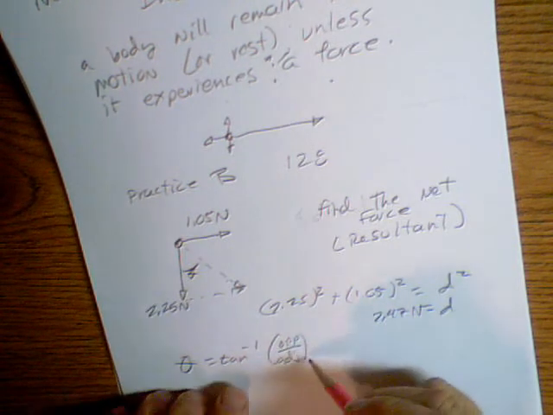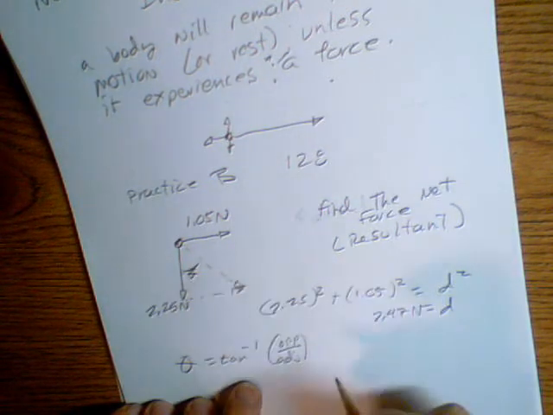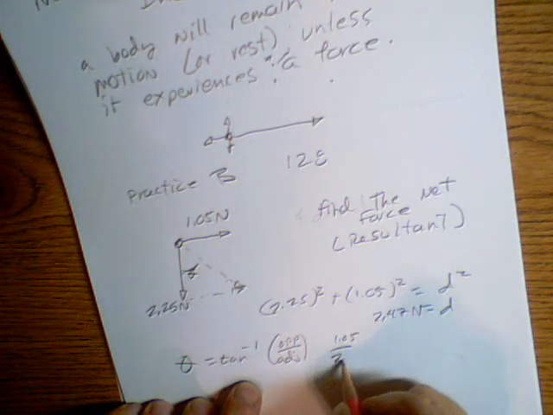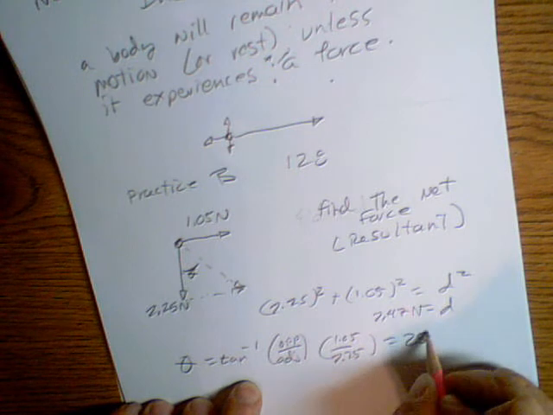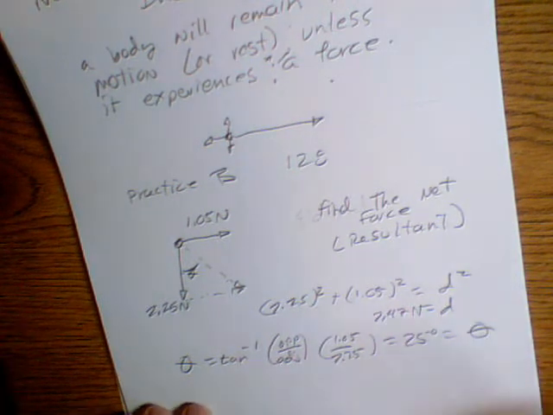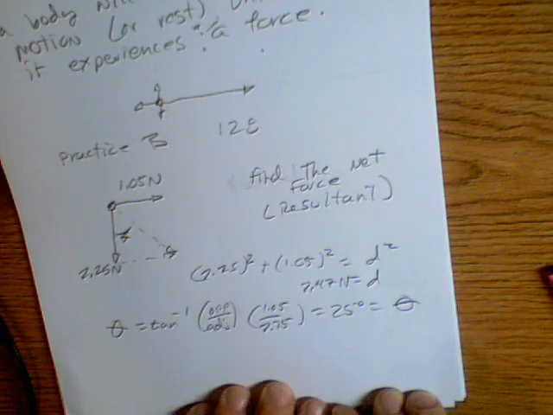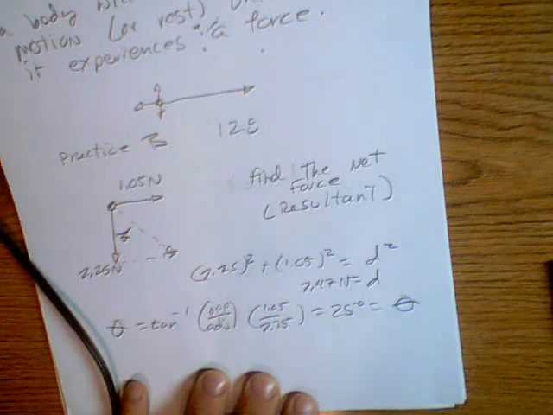All right, so the arctangent of 1.05 over 2.25, and that equals 25 degrees is our angle. So that's practice problem 2. Lovely.